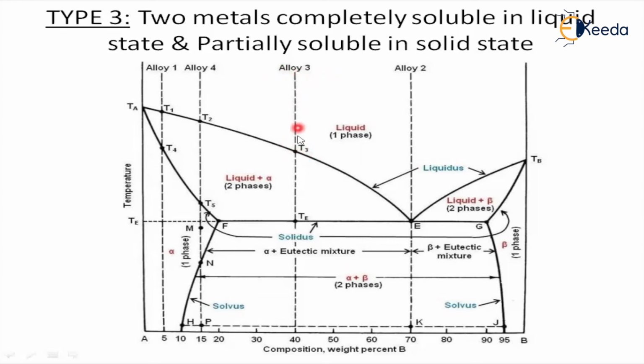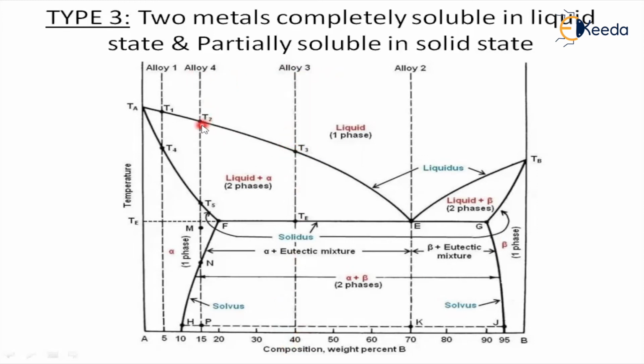So that means up to this it is in the form of liquid. At T3 temperature for alloy 3 and at this composition, assume 60-40, 60% is A, 40% is B. At T3 temperature, the alloy is going to form the crystals. That is the starting of solidification at this temperature.